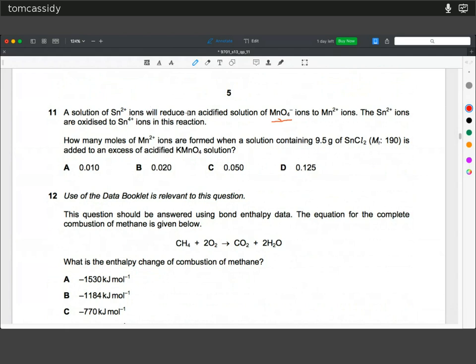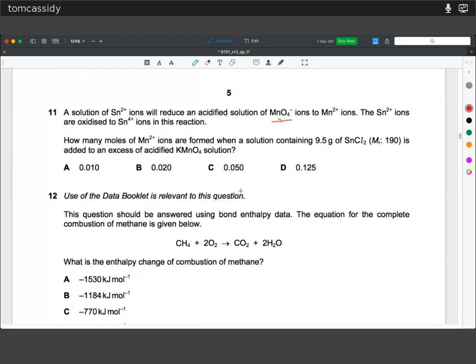You've got the Sn2+ ions being oxidized to Sn4+ ions. And whenever you have an oxidation that's accompanied by a reduction, this is talking about a redox reaction. And you can think about redox reactions as a reaction of two halves, the oxidation half and the reduction half. So let's look at those then.